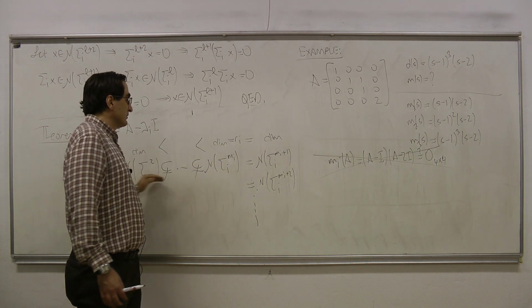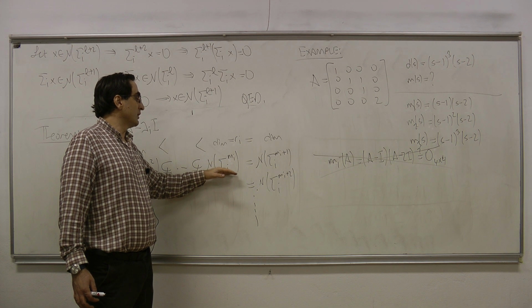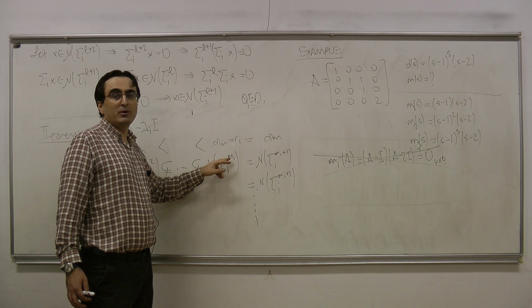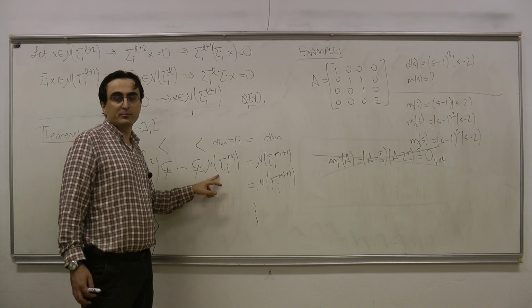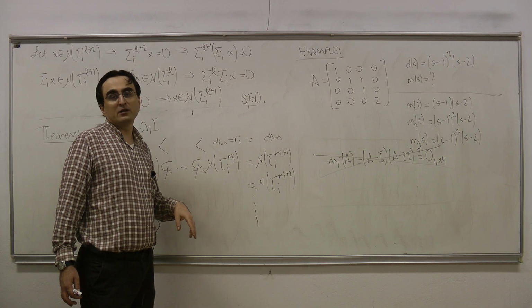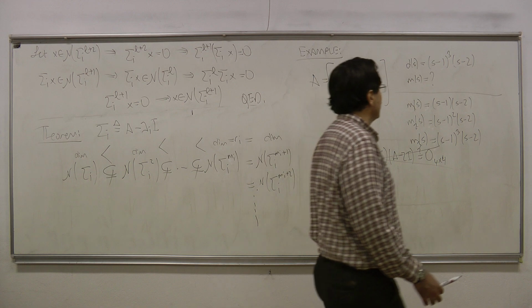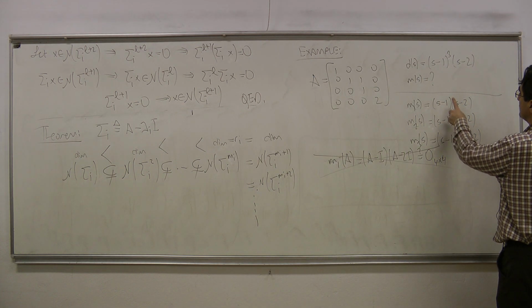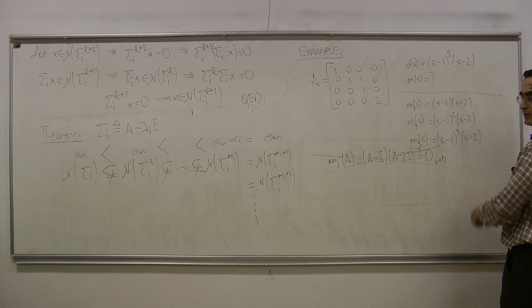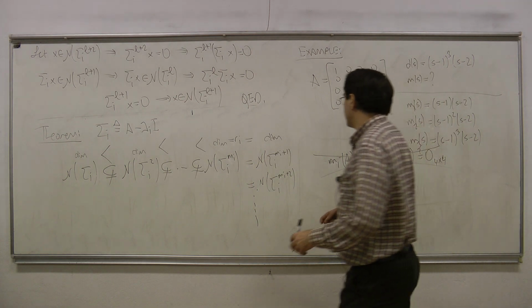So I will look at these null space dimensions, and I will try to find out the power at which I reach the dimension 3 for this null space. And that power is going to be my minimal polynomial power for the first eigenvalue. You see that it is only the power of the first eigenvalue which is unknown here. The other one should definitely be 1. Okay? So now let us try to do this.